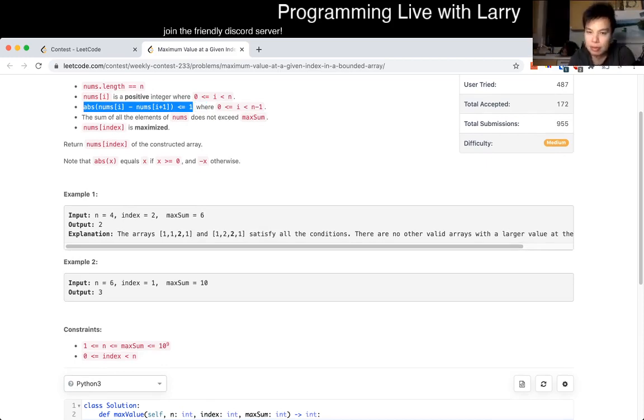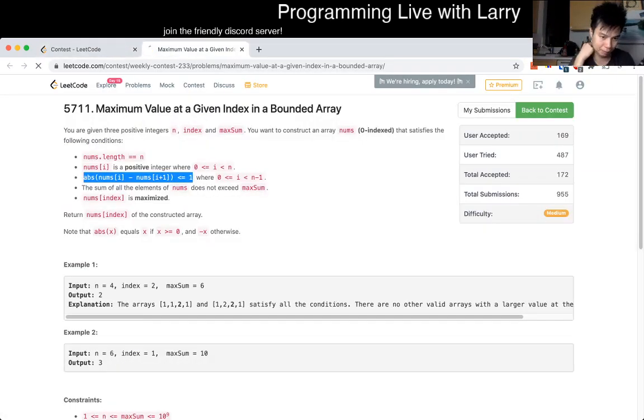That means, let's say we want to try an answer, that means that the left... Yeah, I spent way too long on Q4. I don't know how to do this one.